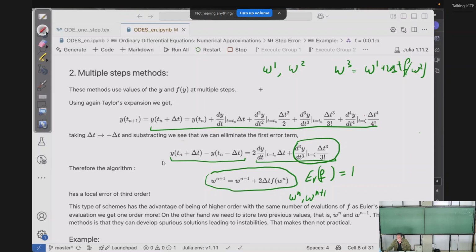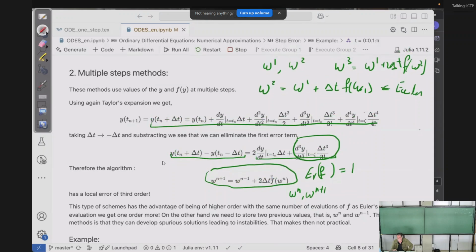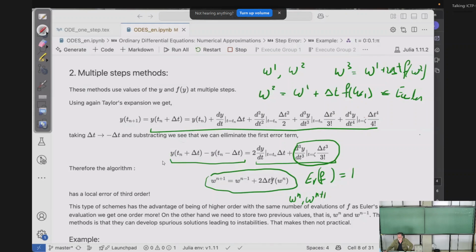So usually you take omega 2 to be omega 1 plus delta t f of omega 1, so you use Euler's method, for instance. You start with this and then you continue with this scheme. So you need 2 quantities here. And this means that you can have problems, because the algorithm could have more than one solution.